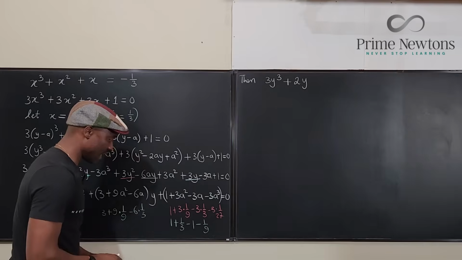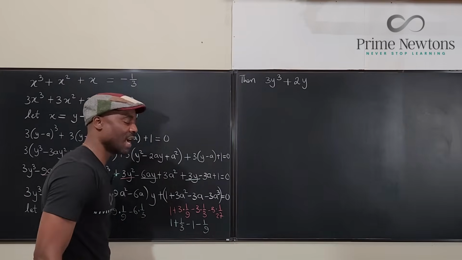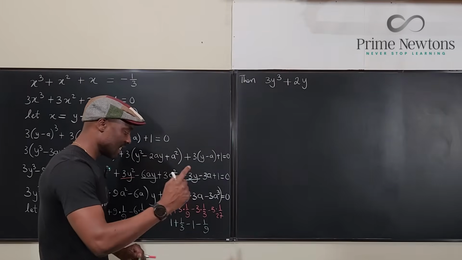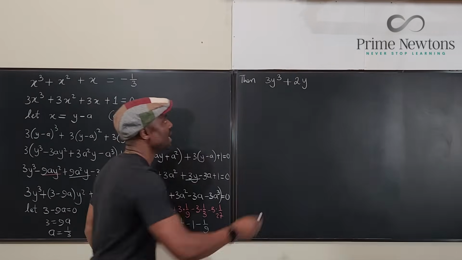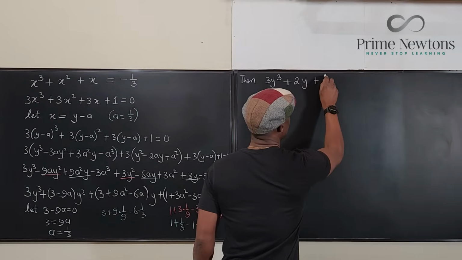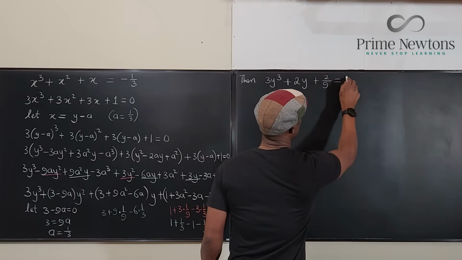Okay, what does that give you? Well, the 1 and the minus 1 cancel out. 1/3 minus 1/9 is 6/27, which is 2/9. That's going to be plus 2/9, and that's equal to 0.